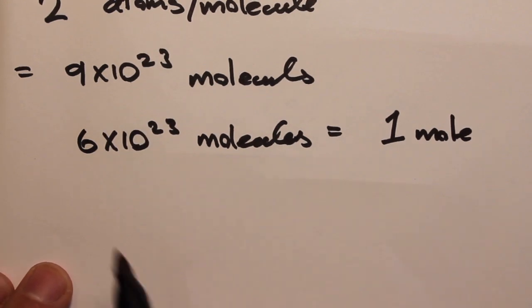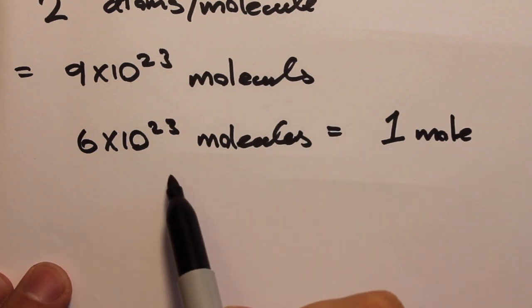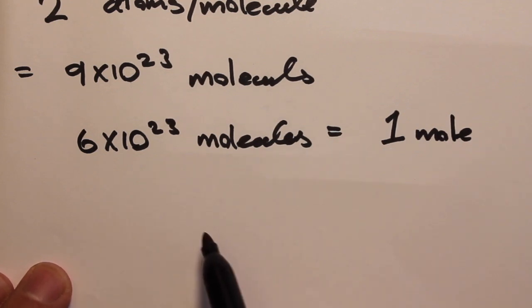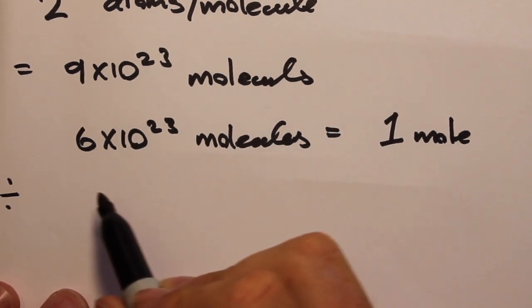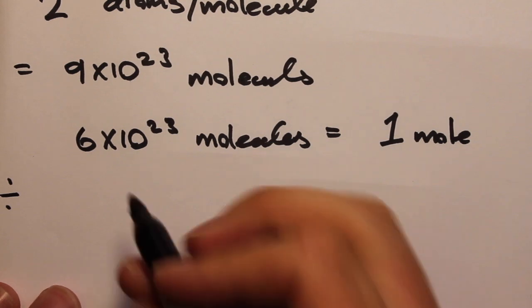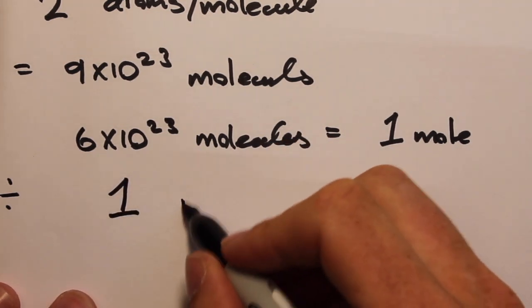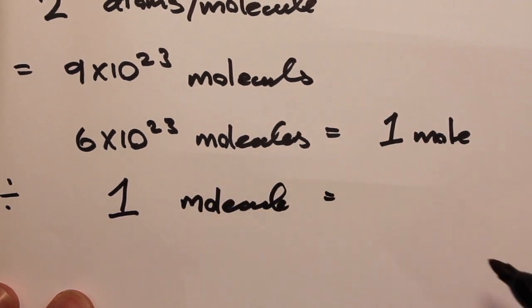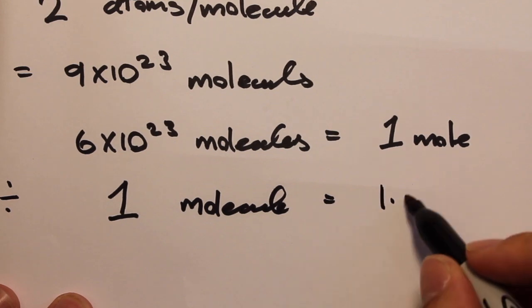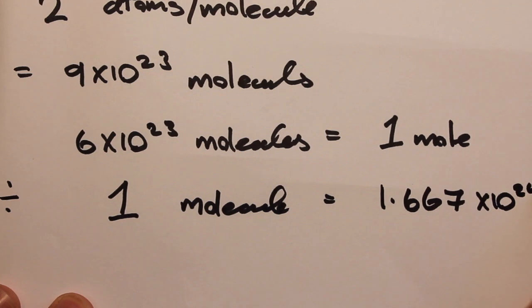So what we're going to find out here is how many moles would be just one molecule, and then multiply it by the number of molecules that we have. So we're going to divide both sides by 6 by 10 to the 23. And that is going to equal 1 molecule is equal to 1.667 by 10 to the -24 moles.